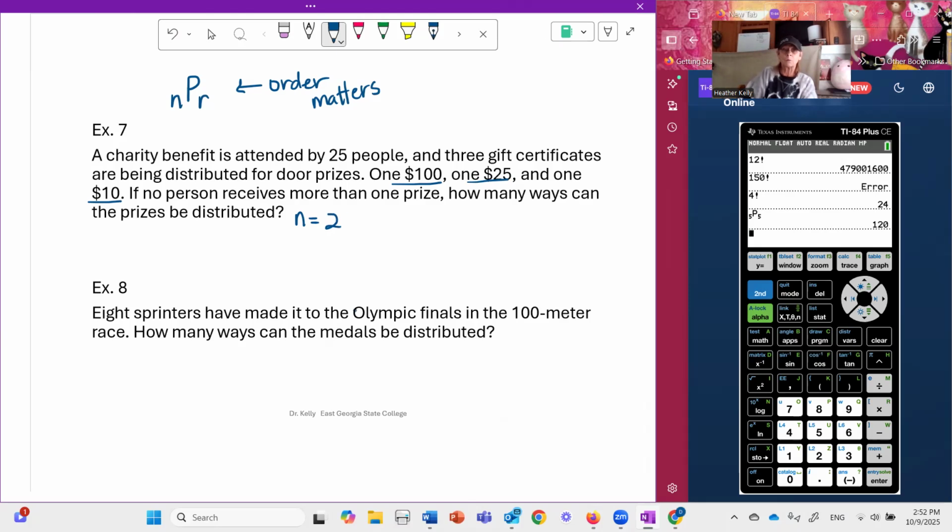We're choosing from 25 people. N is 25, the large number. R is how many are we choosing? R is equal to 3. So 25 is the total number of people, the total number to choose from.